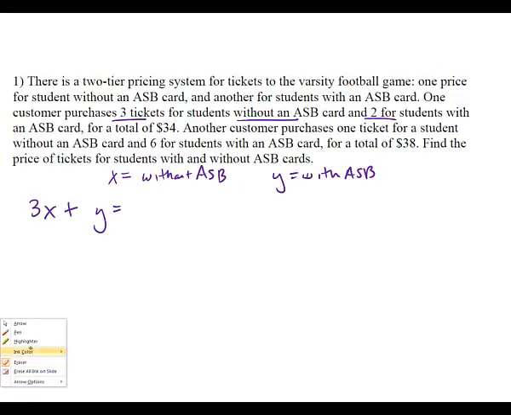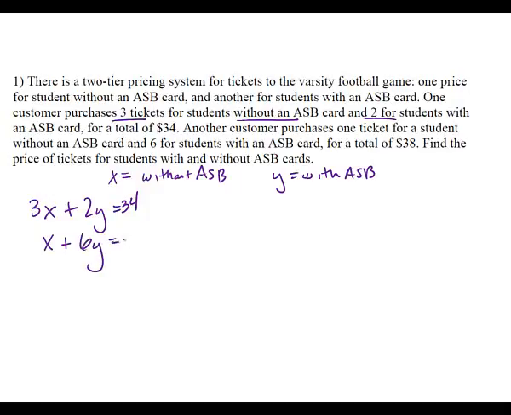How much money did that person spend? 34. And then the second customer was how many without ASB? 1 without ASB, and how many with ASB? 6 with ASB, and spent a total of what? 38. All right, substitution, elimination, or Kramer's rule?